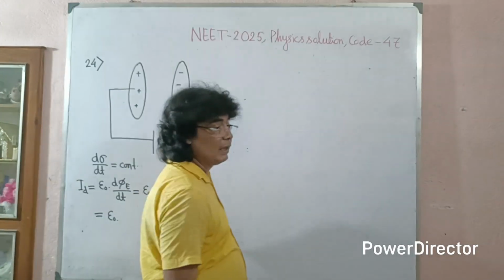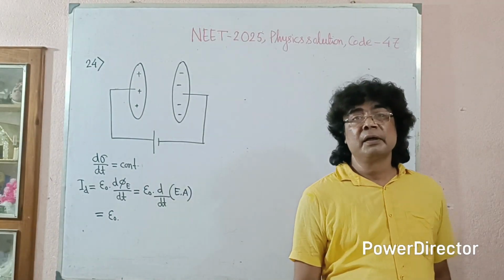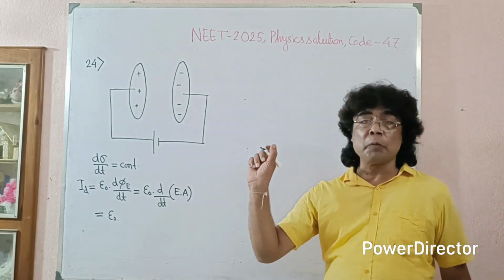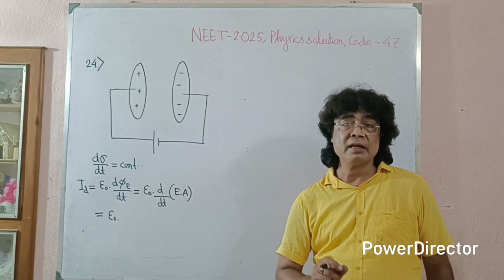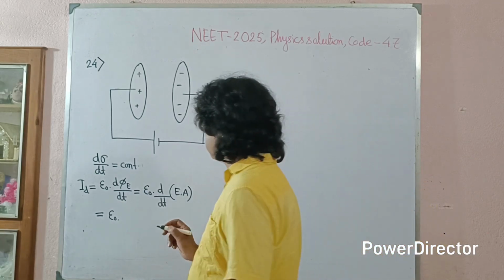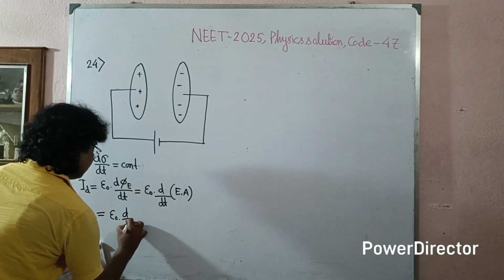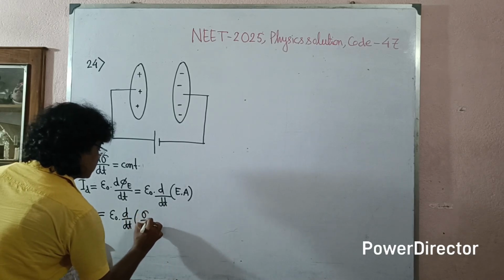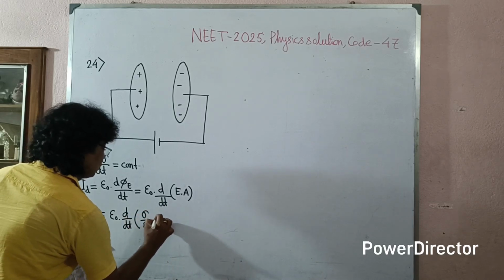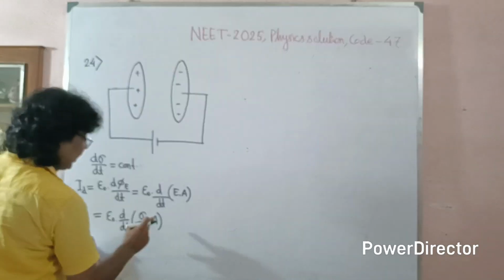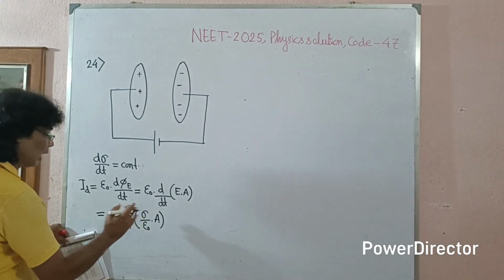Now, the electric field between the two plates of the capacitor is sigma by epsilon 0. So d dt of sigma by epsilon 0. Take A by epsilon 0 out of the derivative.